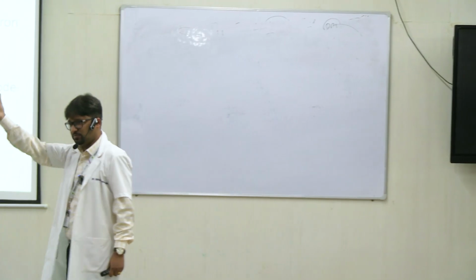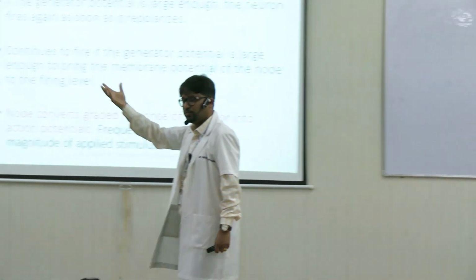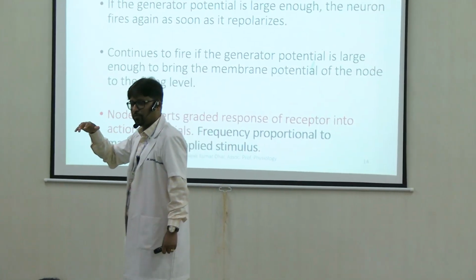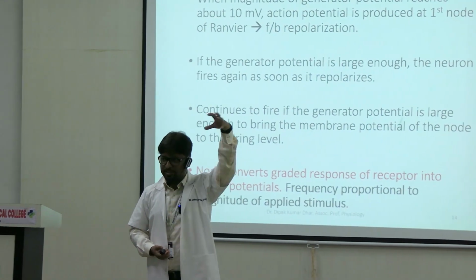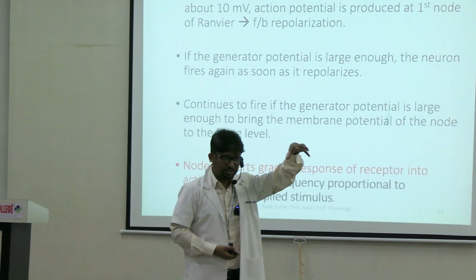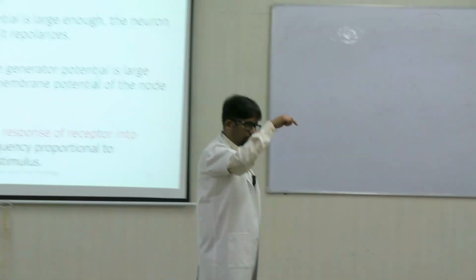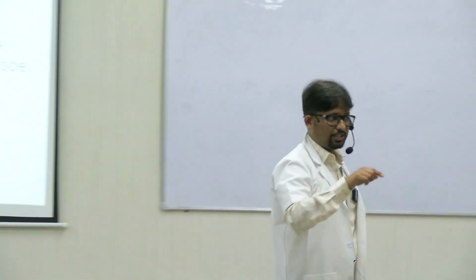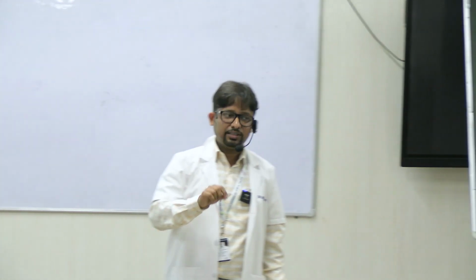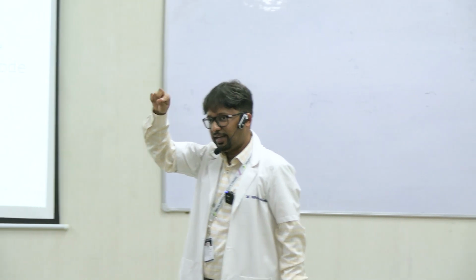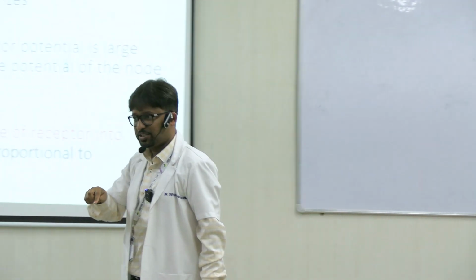Suppose it is stronger, 30 millivolt, 40 millivolt, 50 millivolt of change. So what will keep on happening? Receptor potential is large. So just after the repolarization has happened, immediately again in the node a second action potential is triggered. And that also is followed by repolarization.